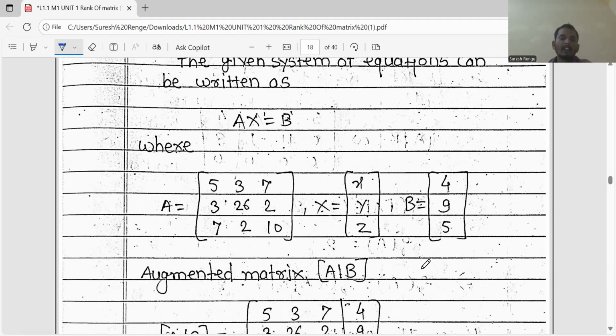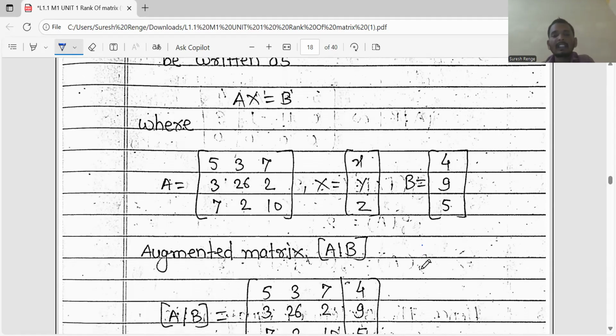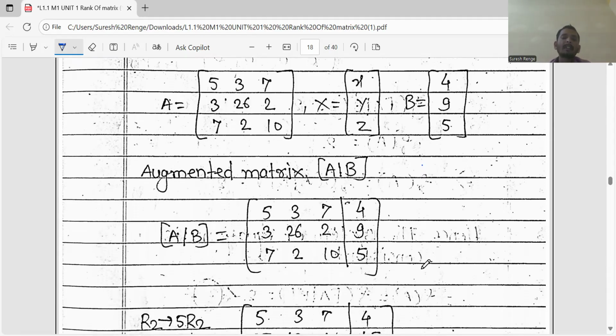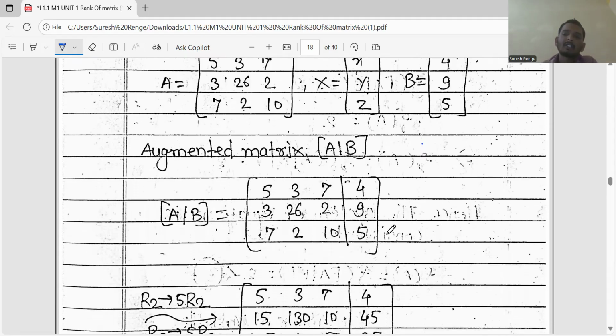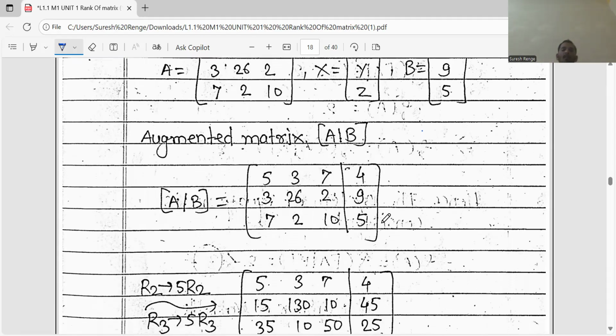Now, the augmented matrix: we write the constant matrix combined with the coefficient matrix.